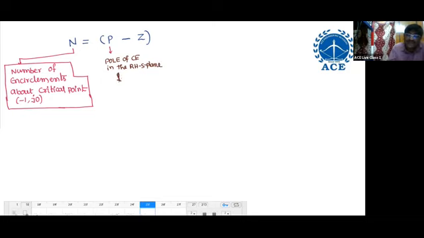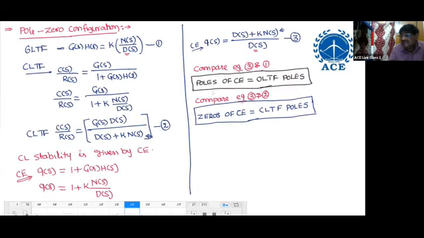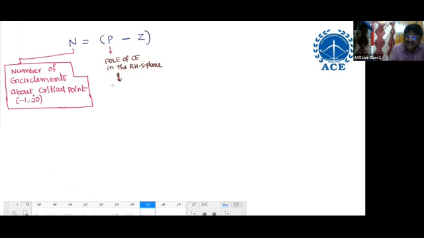Check it. The poles of the characteristic equation are nothing but the open loop transfer function poles. So P is nothing but the open loop transfer function poles in the right of S plane.